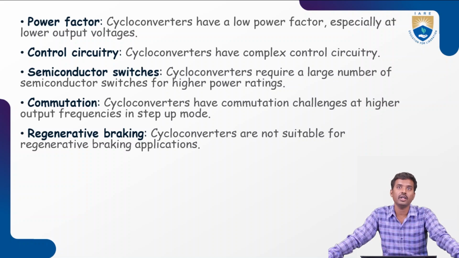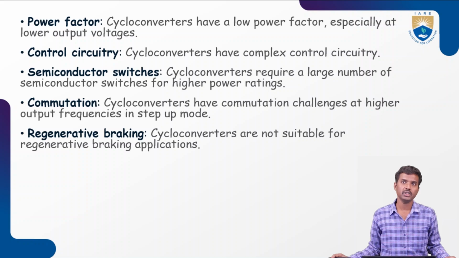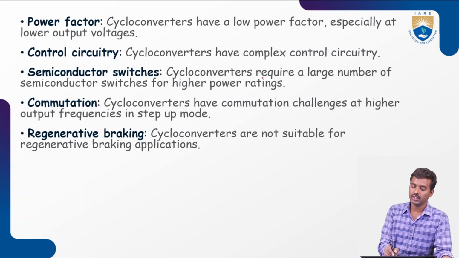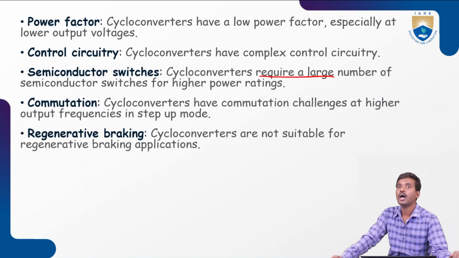Next, control circuitry. Cycloconverters have complex control circuits and require a large number of semiconductor switches for higher power ratings. And next, commutation.